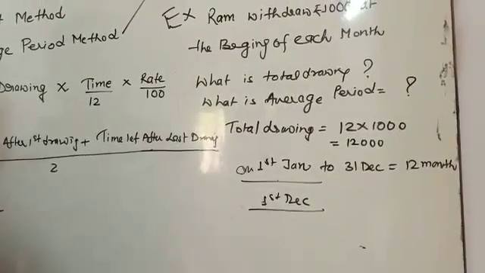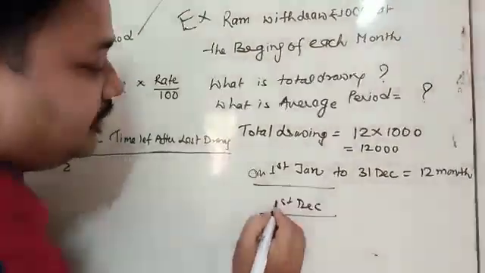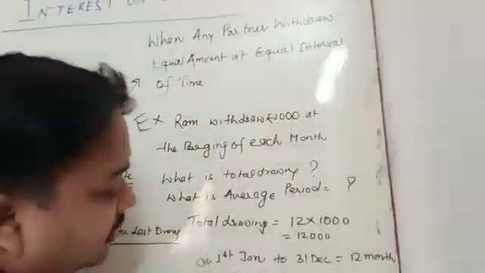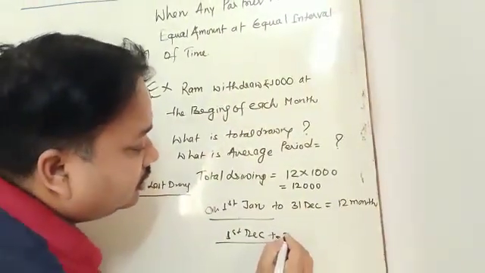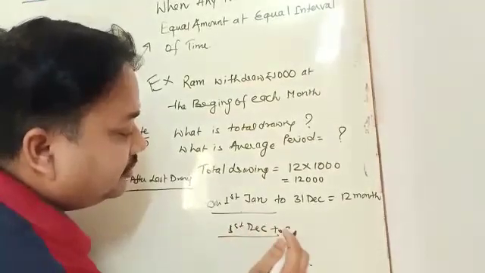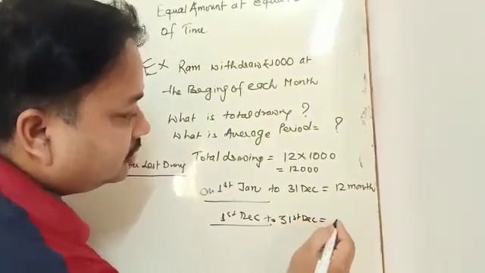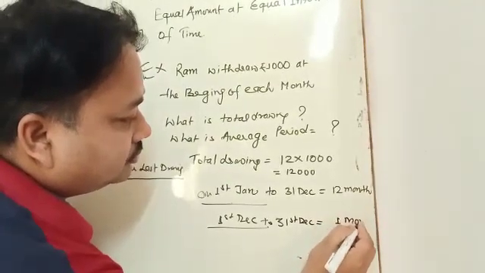Time left after last drawing. The last drawing was on 1st December, so 1st December to 31st December is how much? 1 month.